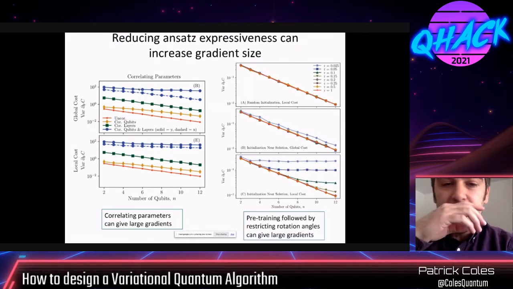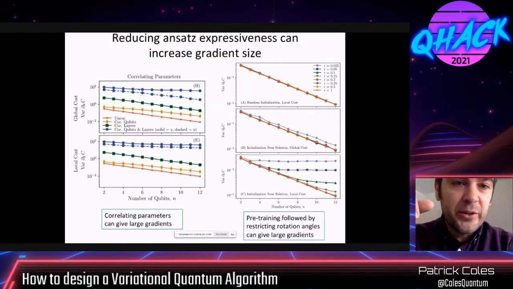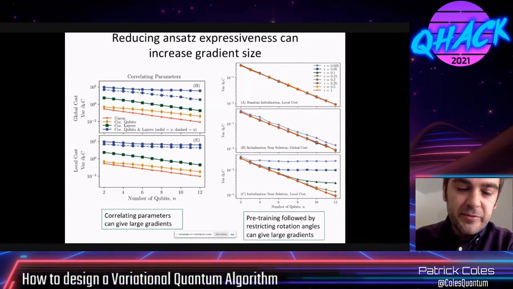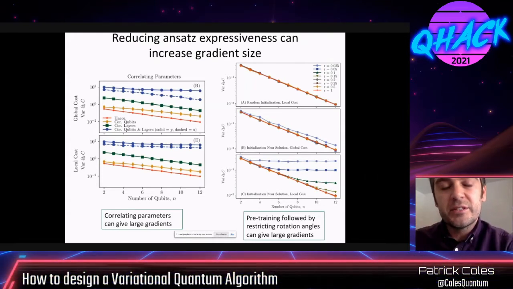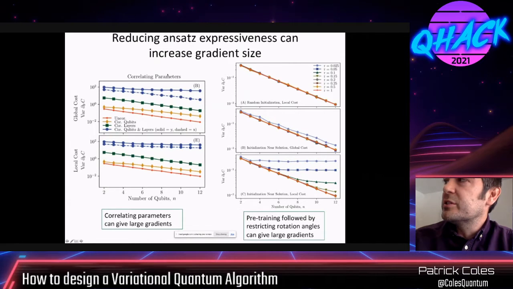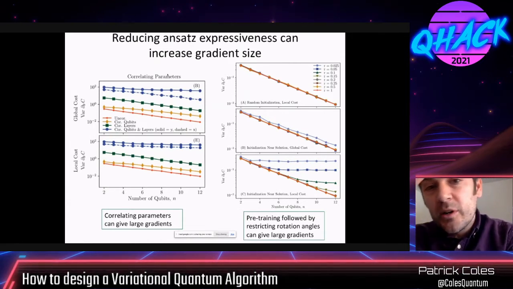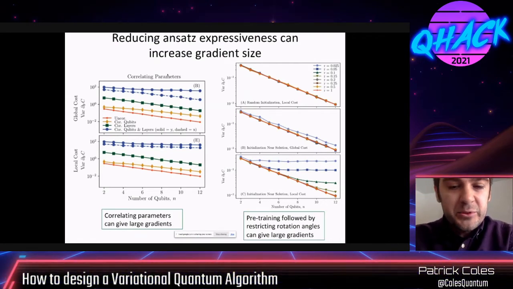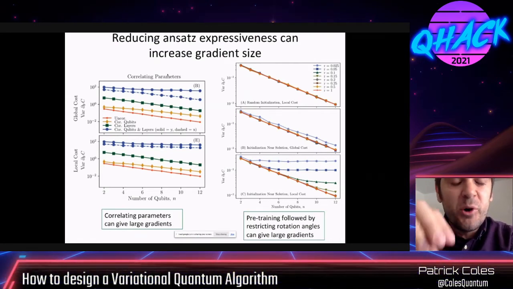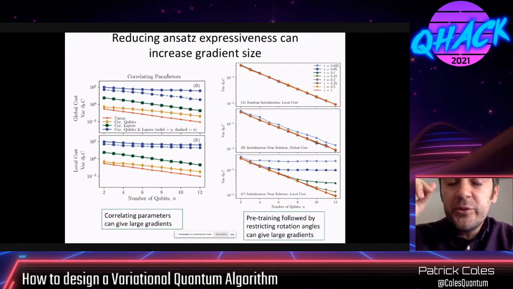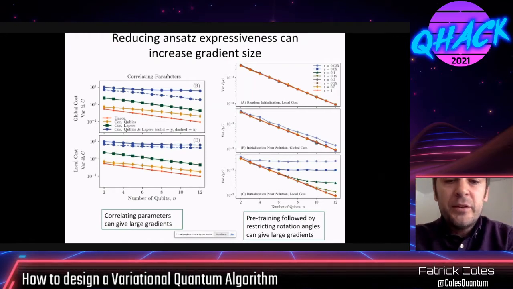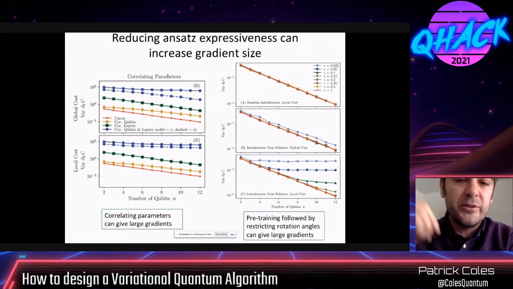Another strategy is to restrict the rotation angles in your gates. So instead of considering the full range of the angles, you can restrict the angles to smaller and smaller ranges. That strategy doesn't work if you do random initialization, because then you're just going to explore some small bad part of the landscape. But if you do have a pre-training strategy, then you can follow that up with the restricted rotation angles to give you large gradients.